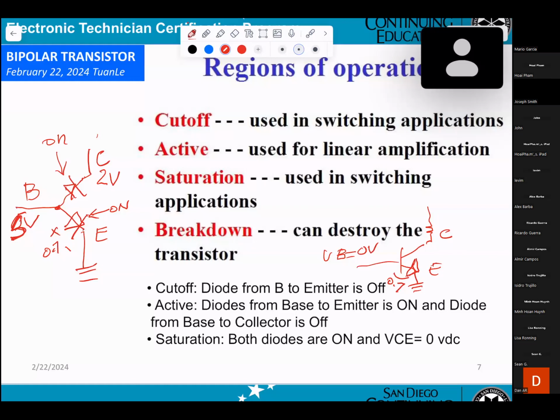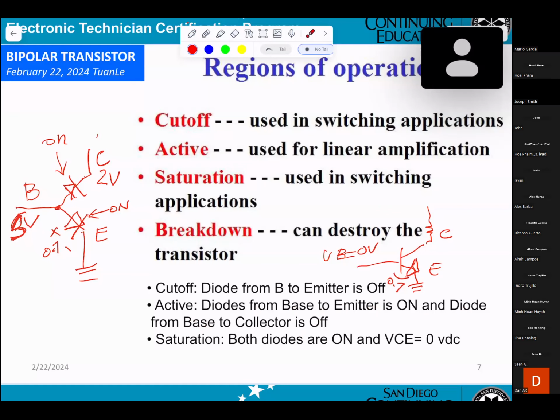When both diodes are on, they will be using the saturation. In here, they already told you, diode from the base to emitter is on and diode from the base to collector is off, therefore active.